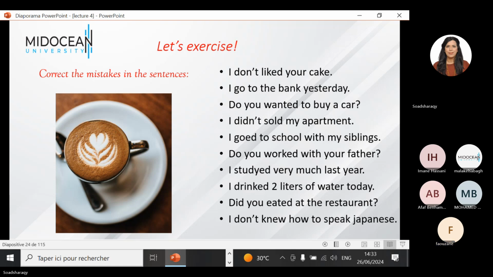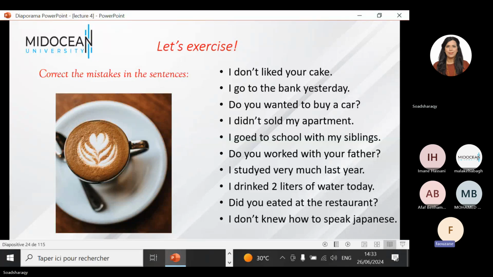Put the verb in the simple past. I went to school with my siblings. Good. Okay. Let's move on. Next. Continue, please.